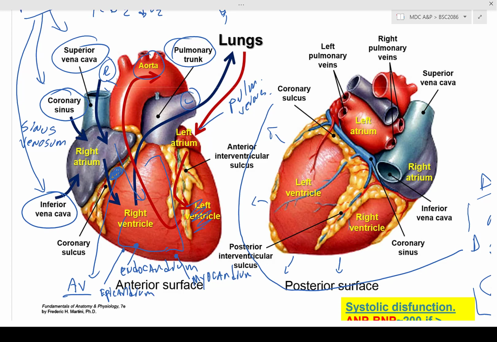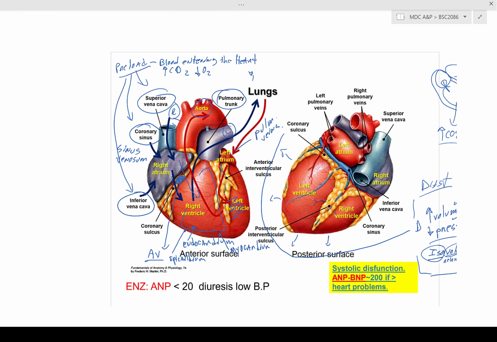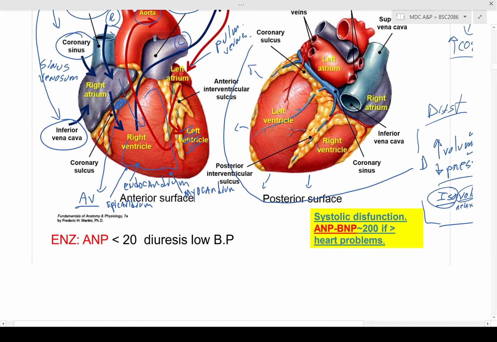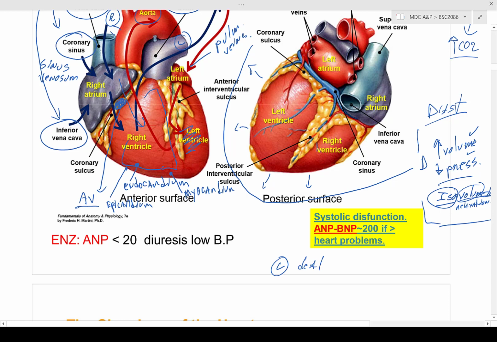That's the pressure on the lungs, compared to 120 on the systemic, correct? Especially on your arm. Does that make sense? So the left does what? The left side of the heart deals with what?